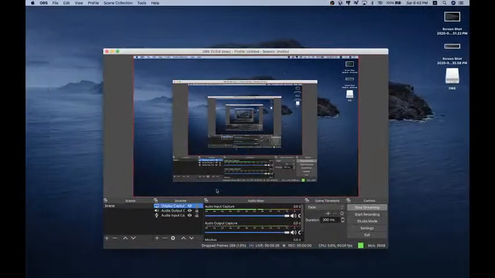Yeah, that's what I noticed. Okay, I know which part this is. This is OBS.